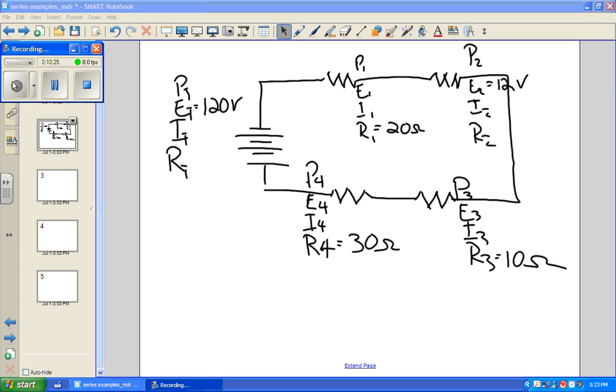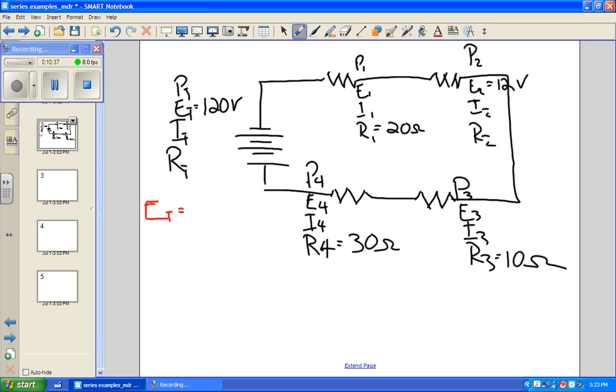Okay. Well, however could I solve this? What about if we take and subtract the voltage for this resistor right here? And we know that the voltage supplied is 120 volts, and then it's E1 plus E2 plus E3 plus E4. I wonder if that would help us. 120, and this is 12, right? E2, I've got that in the wrong place.